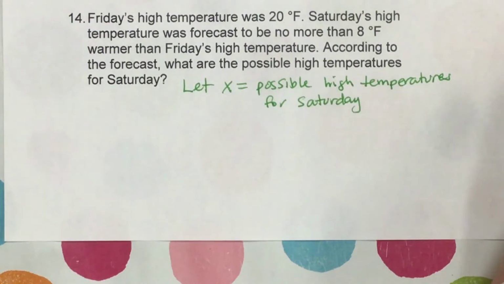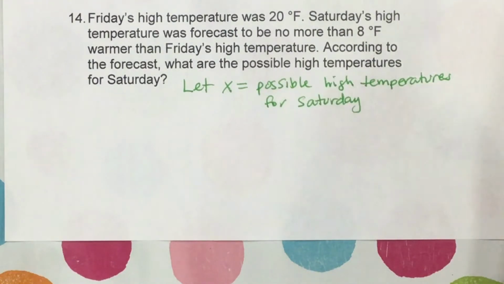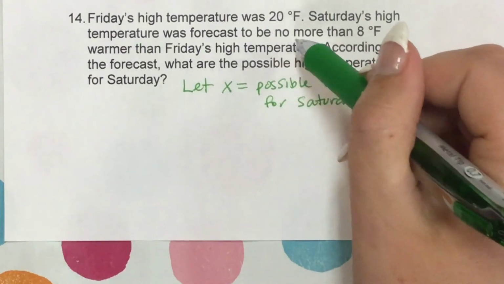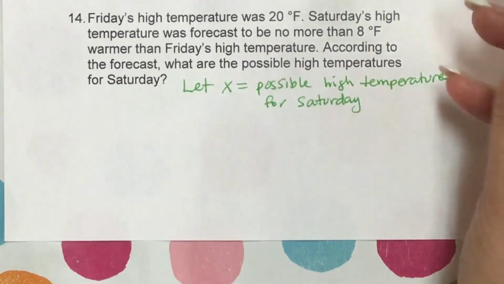All right, so we need to go ahead and set up this inequality. So Friday's temperature was 20 degrees. Saturday's high temperature was forecasted to be no more than 8 degrees warmer than Friday's temperature.